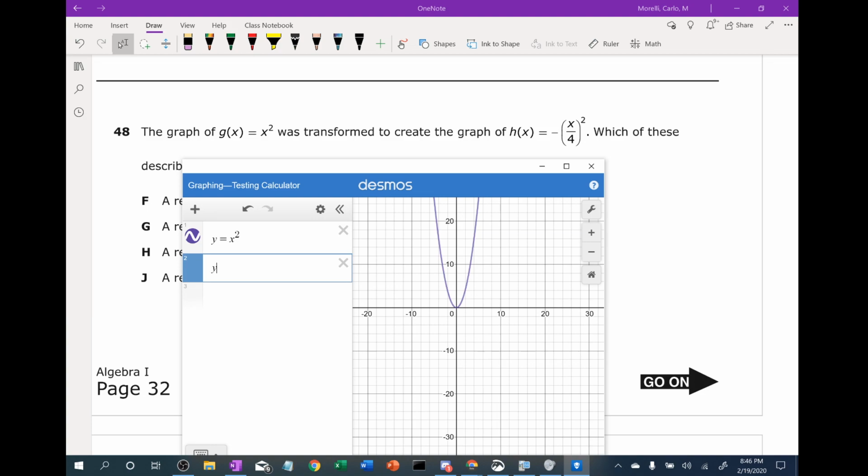So we're going to type y equals negative, open parentheses, x over 4, close parentheses, squared. I'll let you see the result.